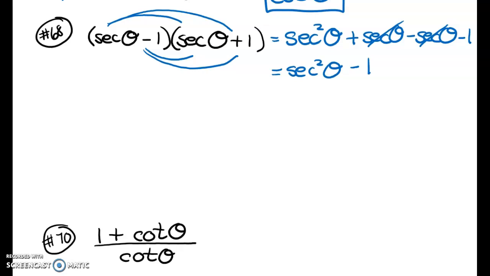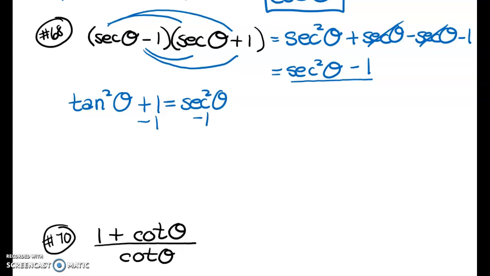And I know they said to go ahead and convert to sine and cosine, but for this, I'm not even going to convert. I'm going to take a look at that Pythagorean identity where it was tangent squared of theta plus 1 equals secant squared of theta. I'm going to see if I can manipulate that to get a secant squared of theta minus 1.